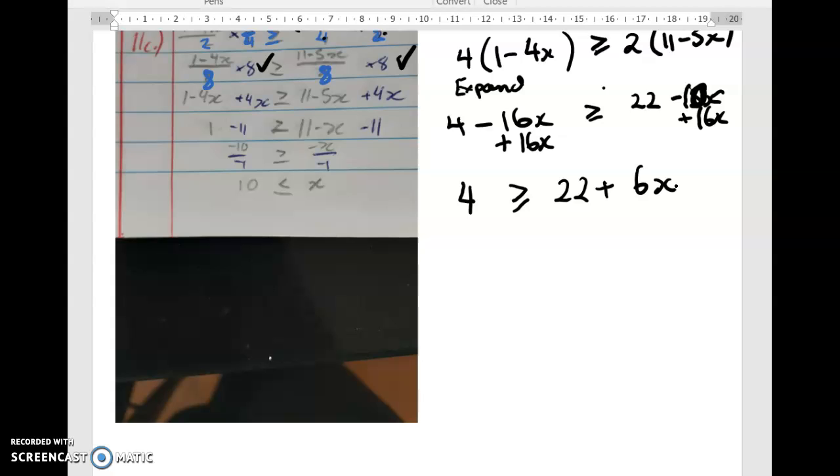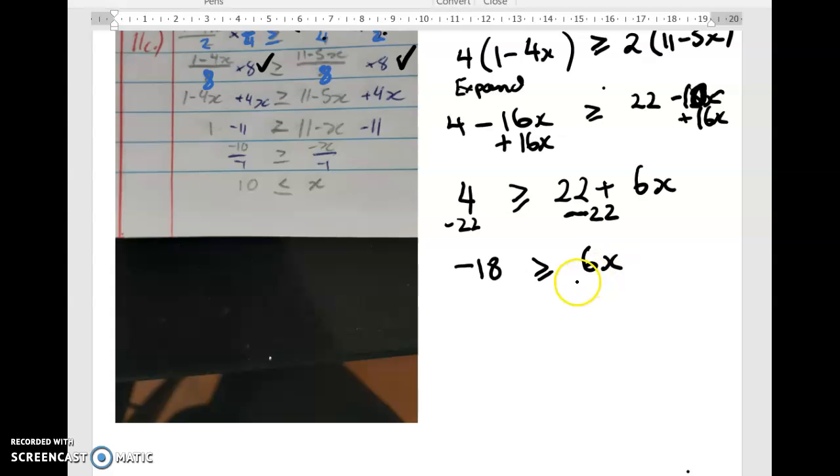So at the moment, if you read the expression, 6 times x plus 22. So we always get rid of the last thing first. In this case, we have to get rid of the 22 from both sides. And we end up with minus 18 is greater than or equal to 6x.